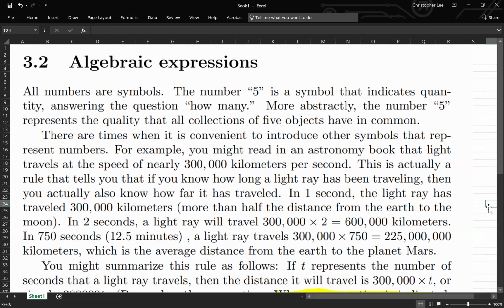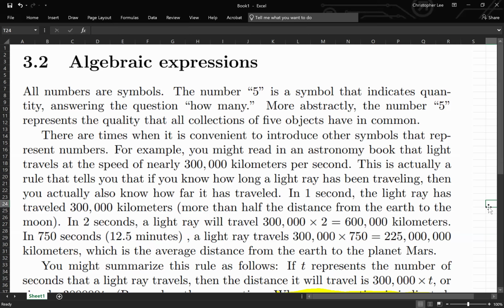For example, you might read in an astronomy book that light travels at a speed of nearly 300,000 kilometers per second. This is actually a rule that tells you that if you know how long a light ray has been traveling, you also know how far it has traveled. In 1 second, the light ray has traveled 300,000 kilometers, more than half the distance from Earth to the moon.